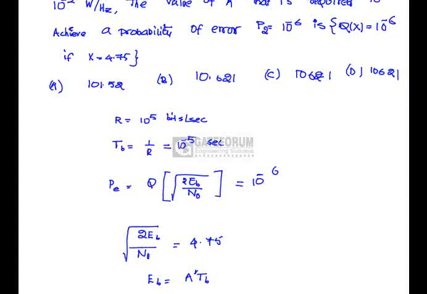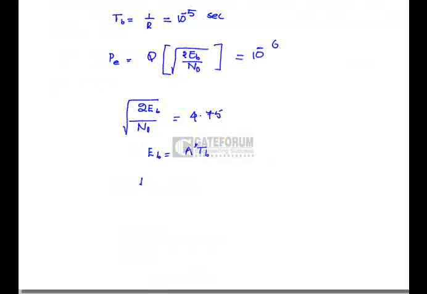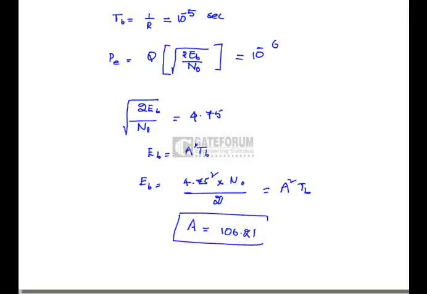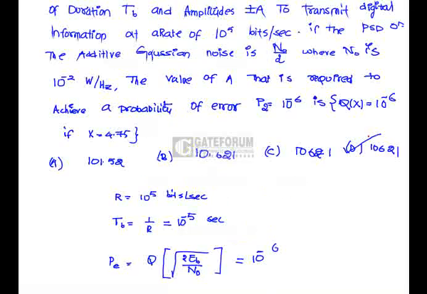Now from this, EB equals 4.75 square into N0 by 2. Then A square TB equals that. Now if we solve this, we will get A as 106.21, which is option D, correct.